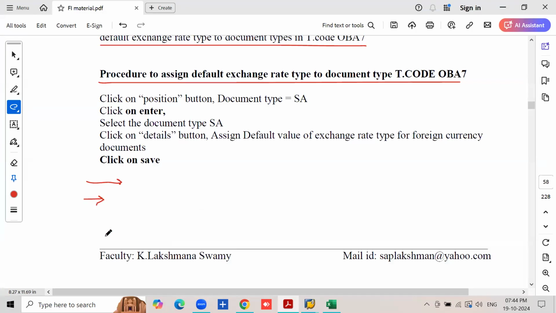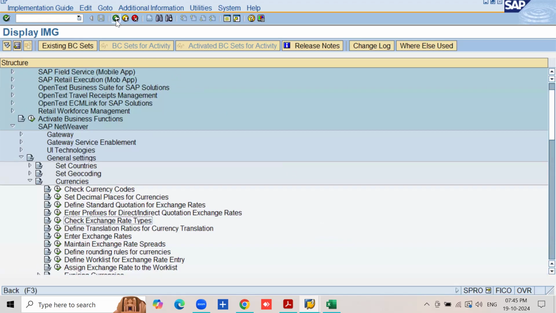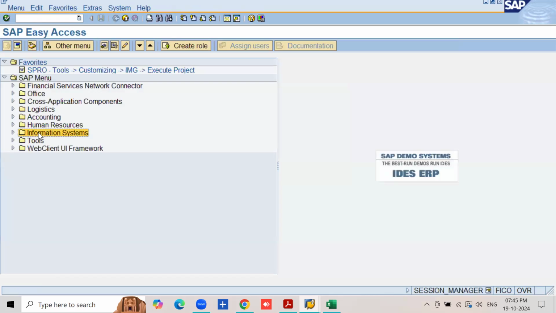The foreign exchange rates are entered by the user daily in the following path. Accounting. Accounting means SAP is the access, right? So SAP is the access always used by end users only.